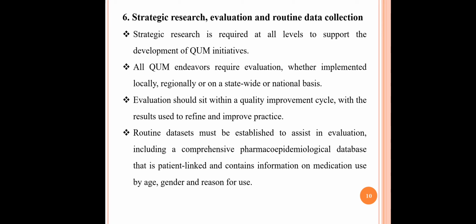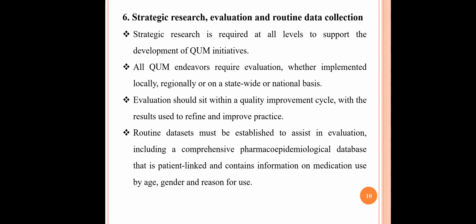Strategic research, evaluations, routine data collections. Strategic research is required at all levels to support the development of quality use of medicine activities. All quality use of medicine initiatives require evaluation, whether implemented locally, regionally, or on a state-wide or national basis.